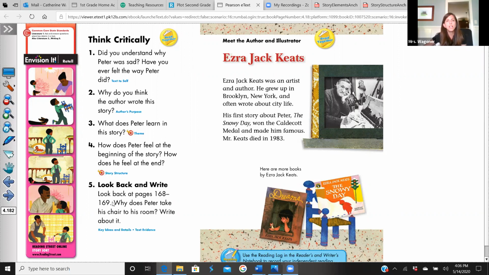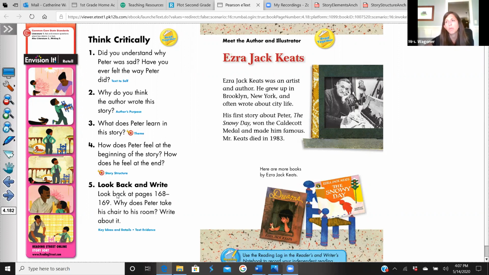I'm going to be reading through the questions, and you need to write your answers down. You can list them 1, 2, 3, 4, 5, but you're going to need space in between. So if you just want to do one at a time, and then when you're done with one, do 2 underneath it. When you're done with that, do 3 underneath it. That's probably the best idea.